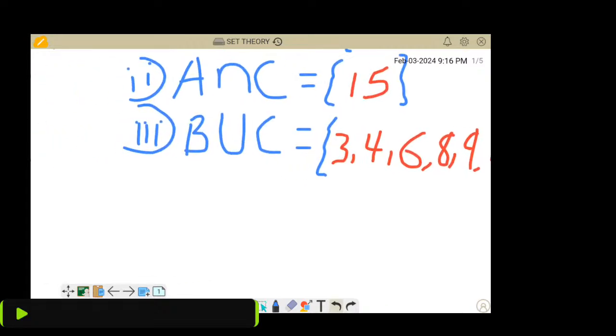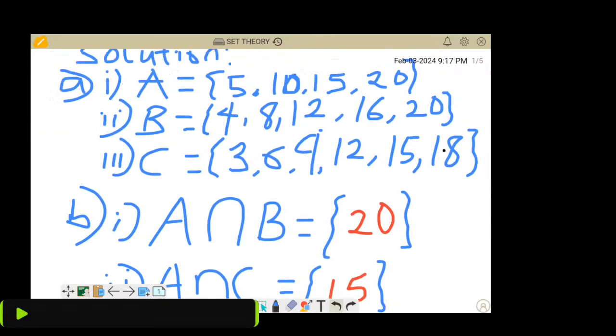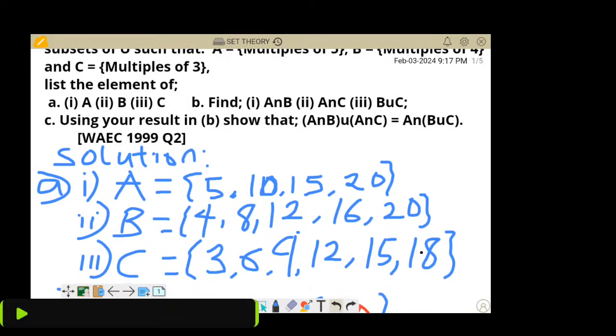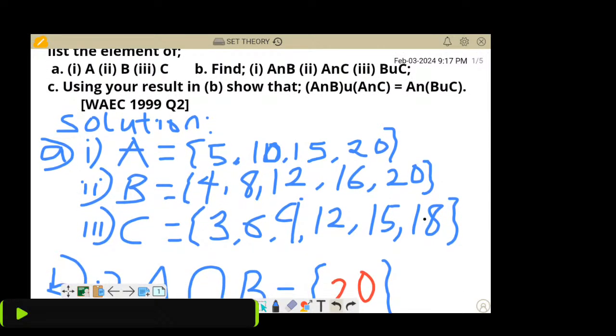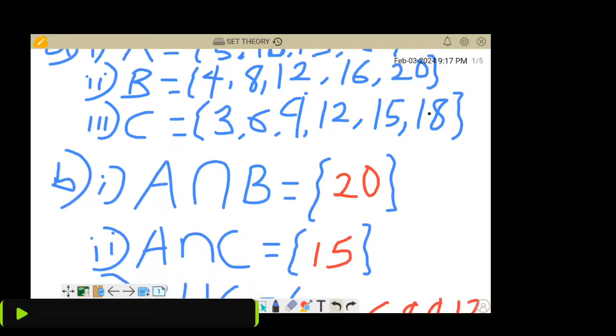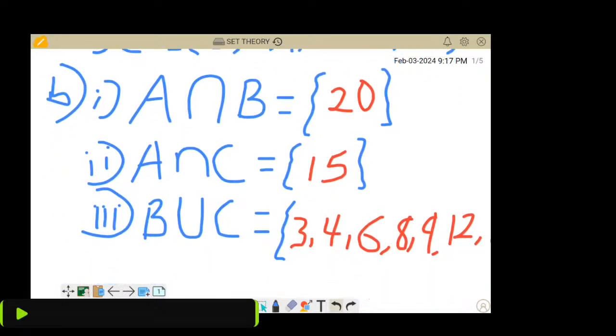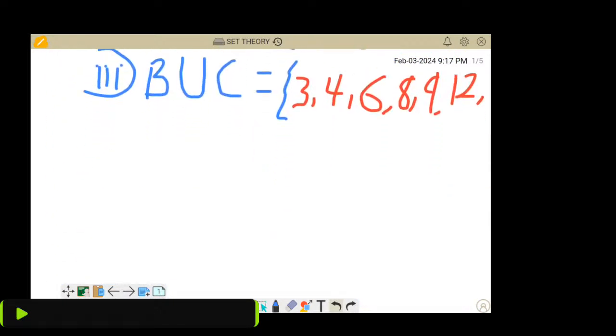Okay, now let's go to part C of the question. In part C, A intersection B union A intersection C equals A intersection B union C. Let's check that out. A intersection B is 20. Let's see part of the question.